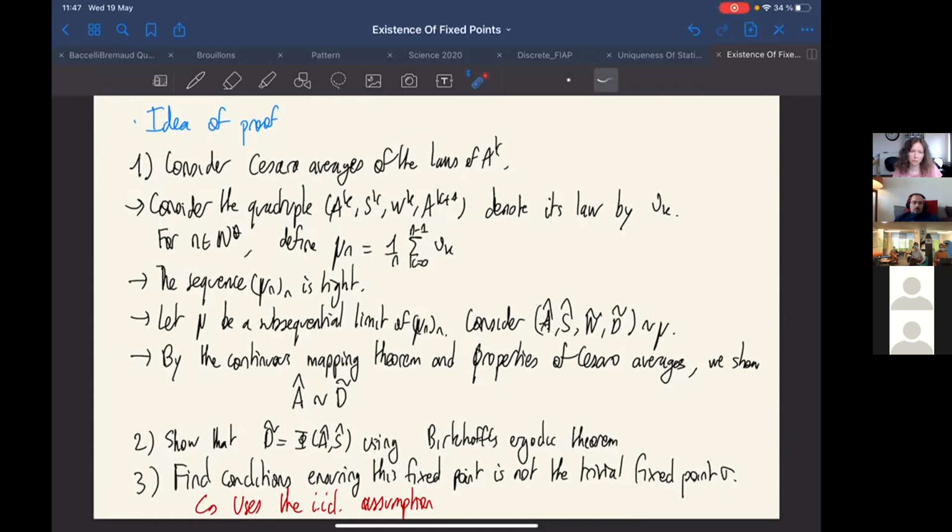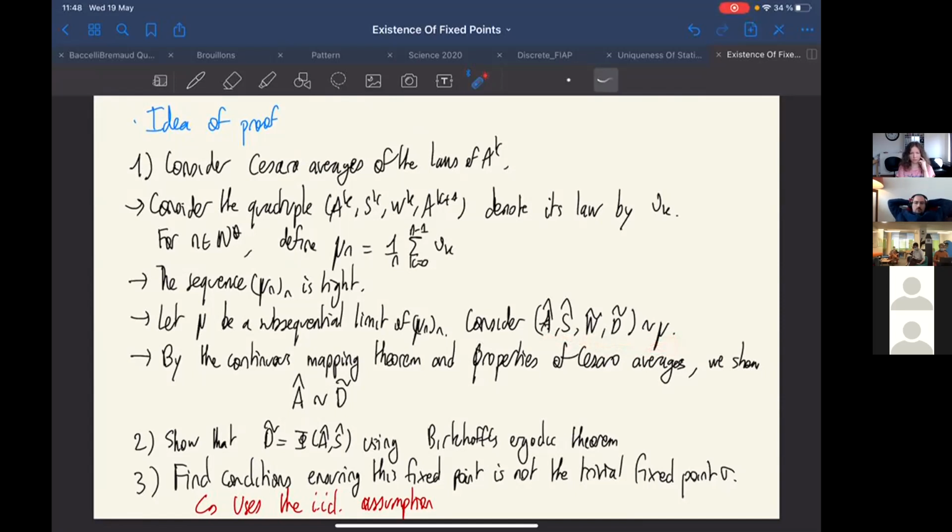We want to show that you consider the subsequential limit of mu n, and so you consider a quadruple distributed according to this subsequential limit. And so the main argument here is to show that this mu is the same for all the subsequences.